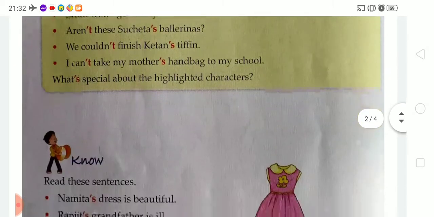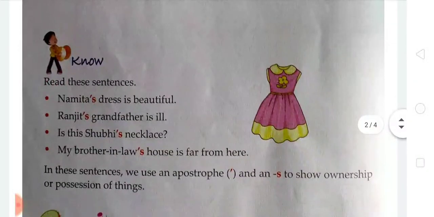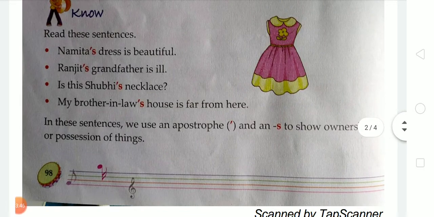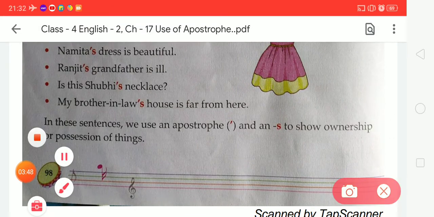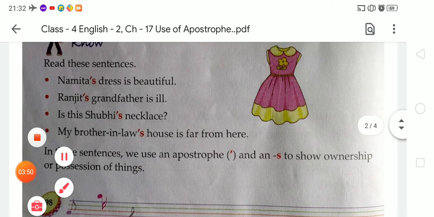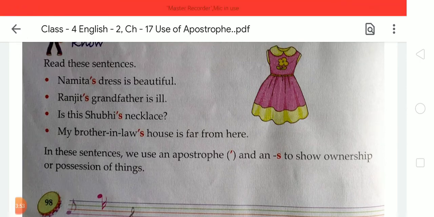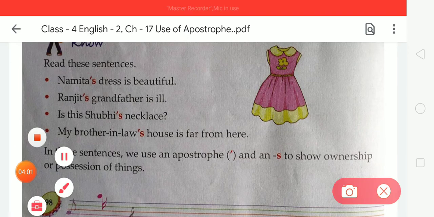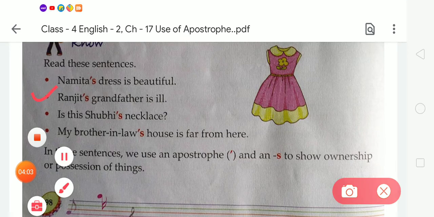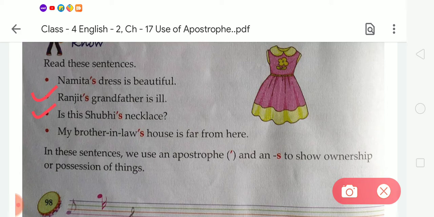So let's learn more. Here are the next examples. Namita's dress is beautiful. Ranjit's grandfather is ill. Is this Subhi's necklace?